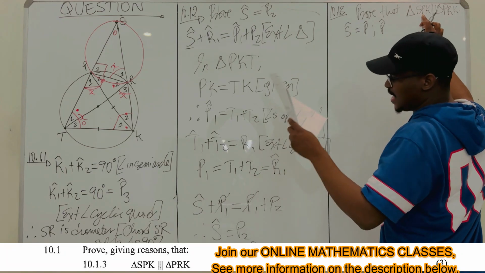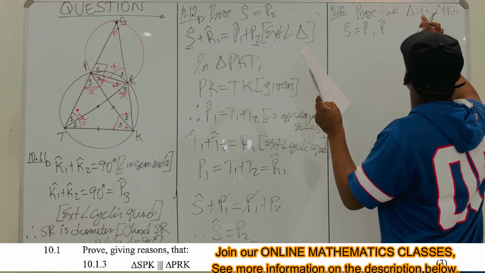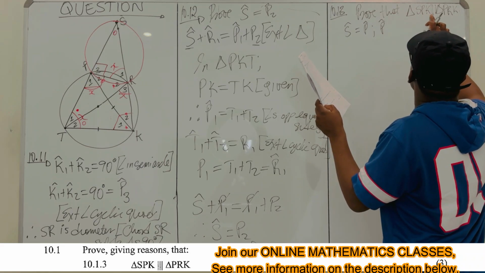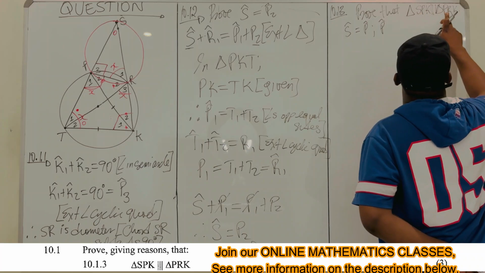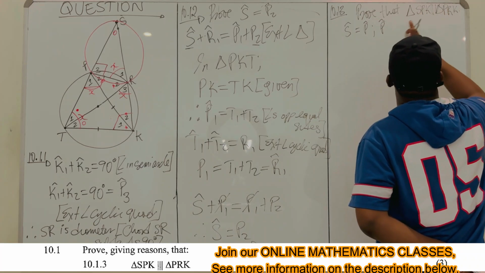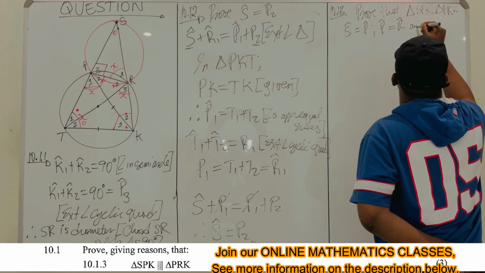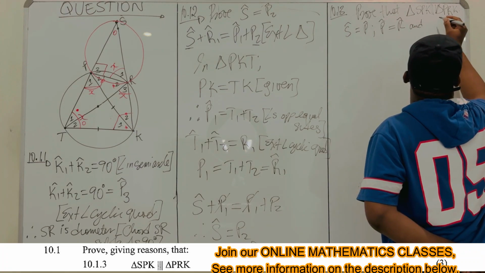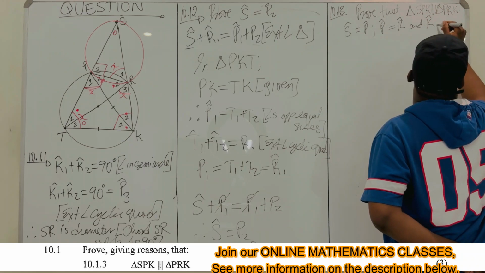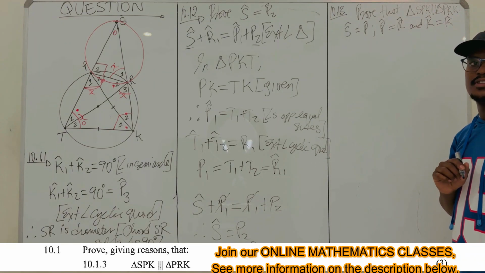So it's SPK and PRK, which means your angle S on this triangle is equal to angle P on the other triangle. Your angle P on this triangle is equal to angle R on the other triangle. And angle K on this triangle is equal to angle K on the other triangle. That's what you need to do.